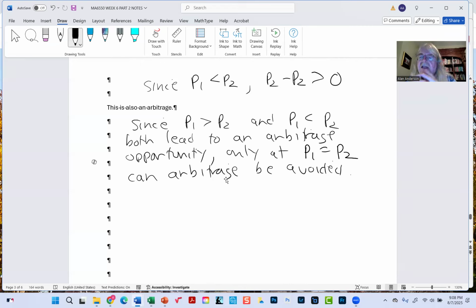So the fact that it's possible for these computers to detect these discrepancies as soon as they happen and to jump in and take advantage of them means that if these opportunities arise, they may only last for fractions of a second before they will be corrected by the buying and selling of programs that are set up to find arbitrage. So that basically means that for all practical purposes, prices will stay in alignment pretty much all the time.